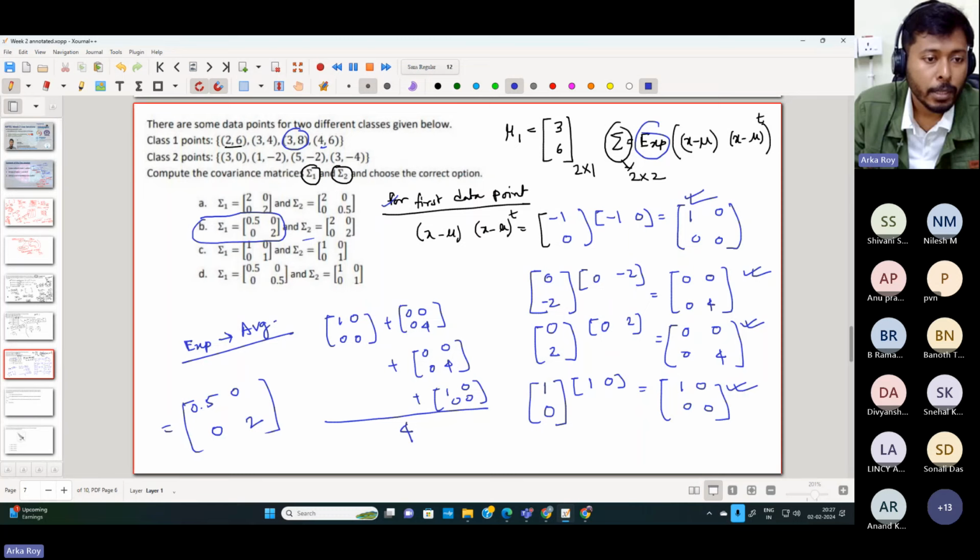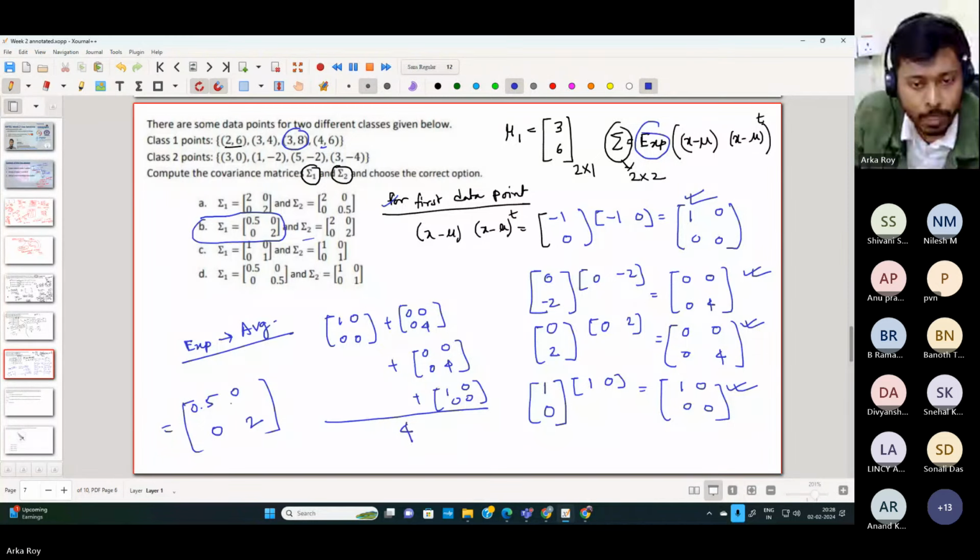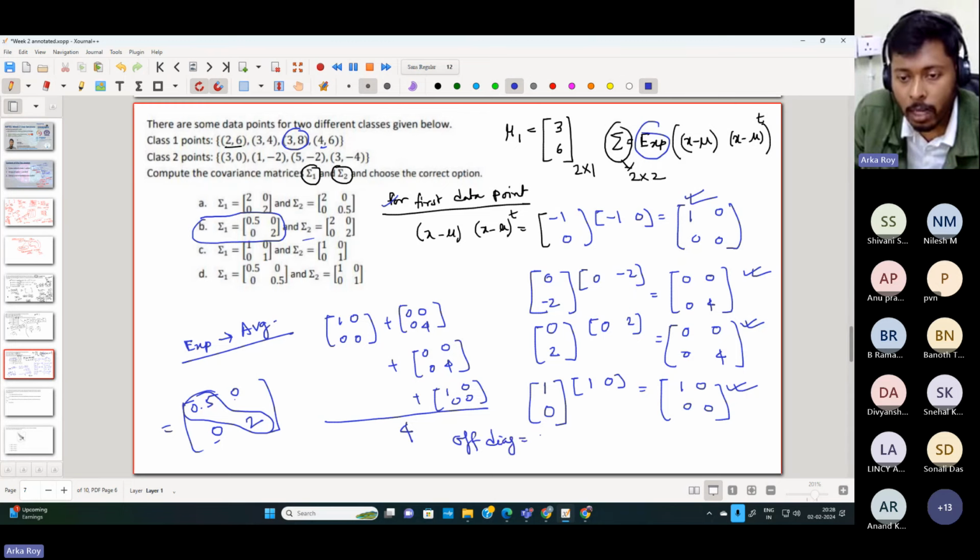So what you can notice from this point is that these are the on diagonal elements and these are the off diagonal elements. The off diagonal elements are 0. That means they are statistically independent.